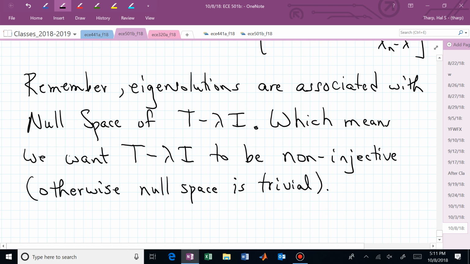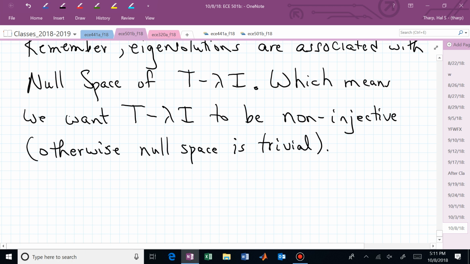But now if we have a non-injective map, what else do we know? Remember, for an operator, this relationship of equivalence between something being injective, surjective, and invertible.